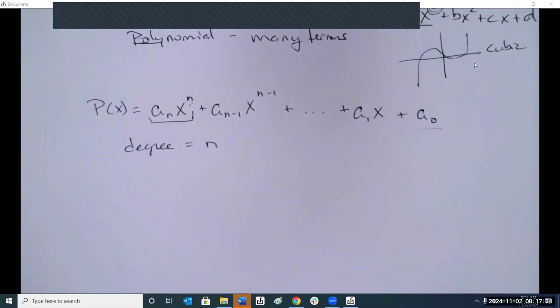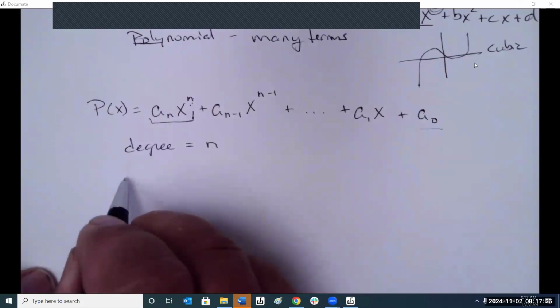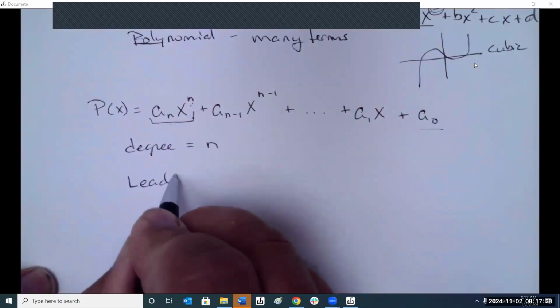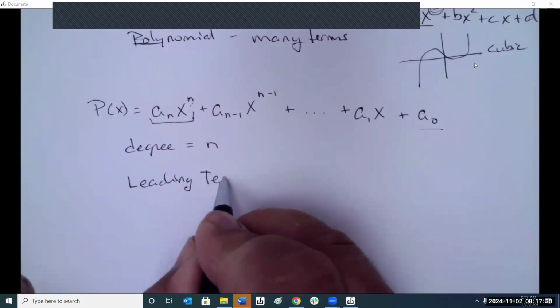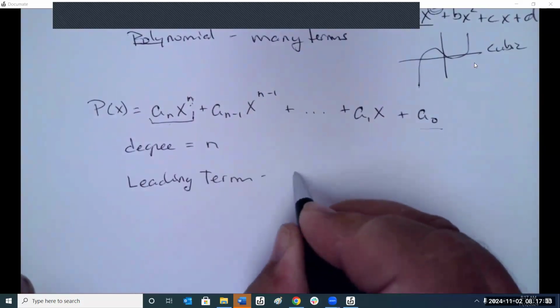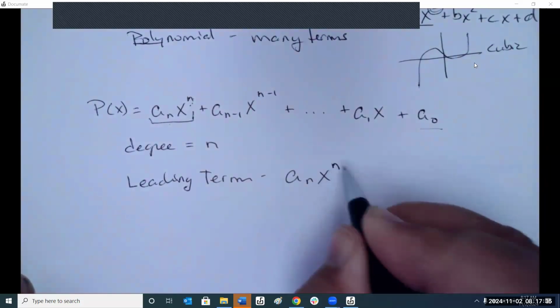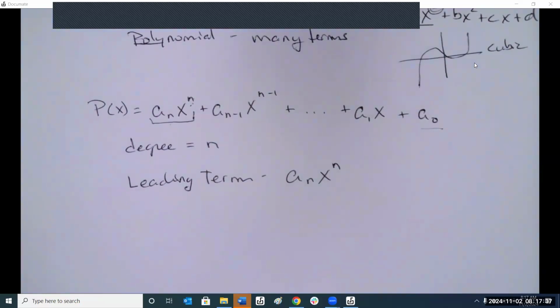The term that has the degree is called the leading term. The term that has the highest exponent is the whole leading term.